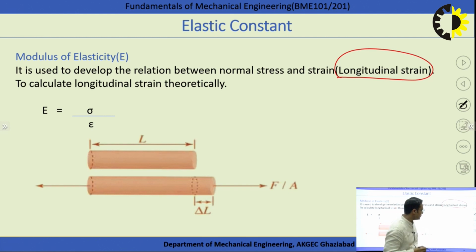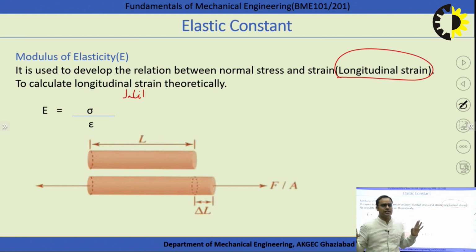Whatever we are discussing in this class is within the elastic limit. The meaning of elastic limit is that if any force is applied on the body there is some change, but after removal of the force the body will regain its original shape.